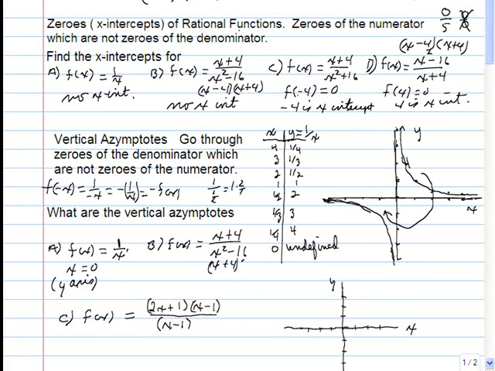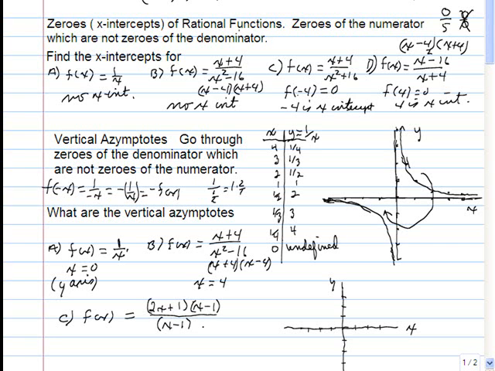Well, not negative 4, that's a zero of the numerator also. But from this second factor, positive 4 is a zero of the denominator, which is not a zero of the numerator. So our vertical asymptote would be at x equals 4.